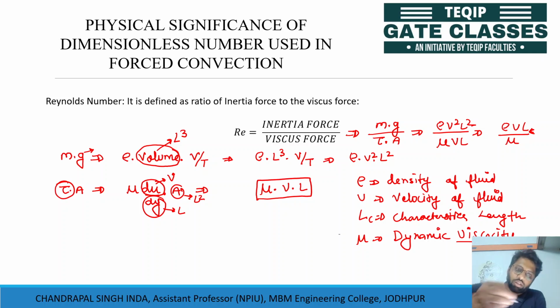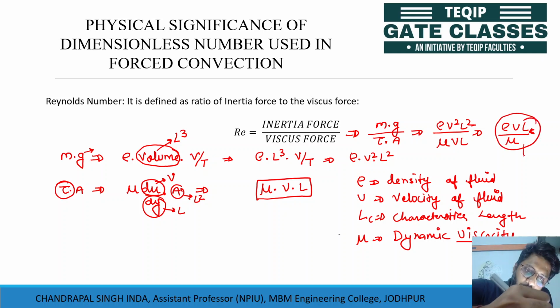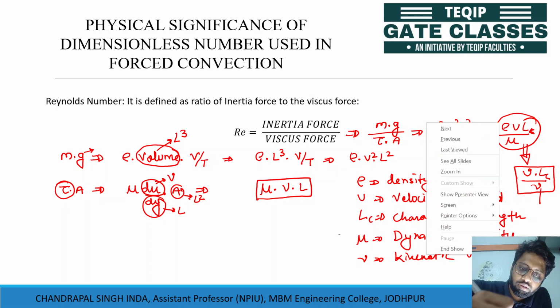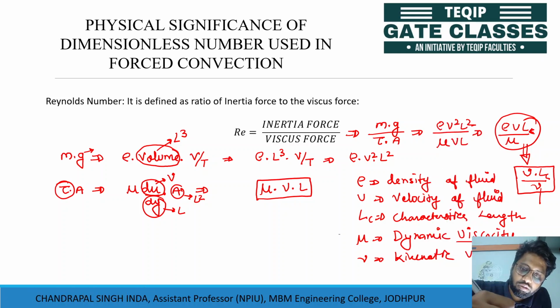This can be further reduced to v into characteristic length by nu, where nu is the kinematic viscosity.